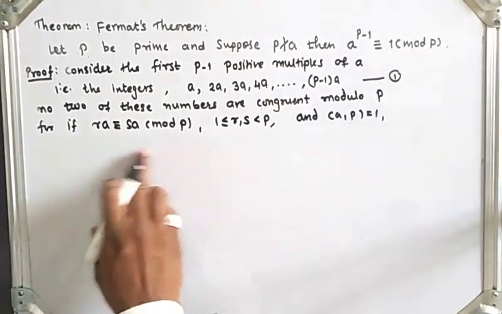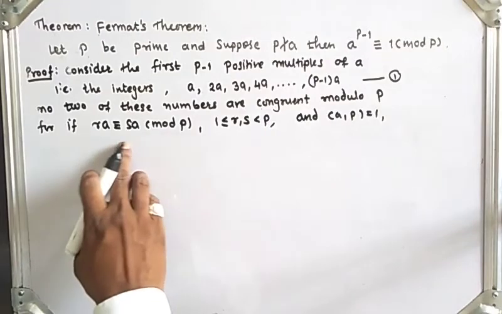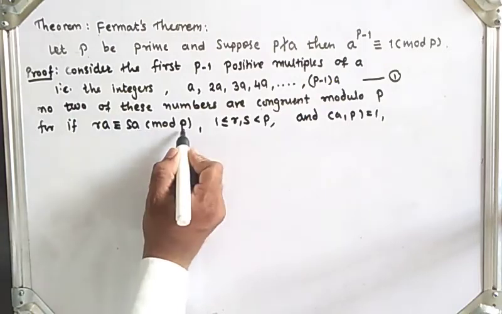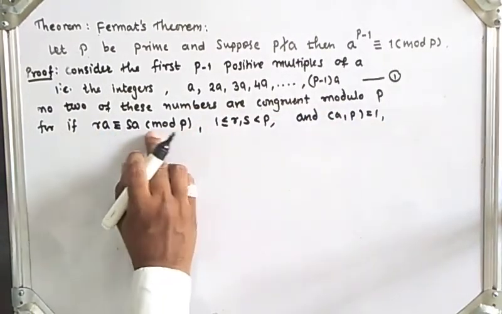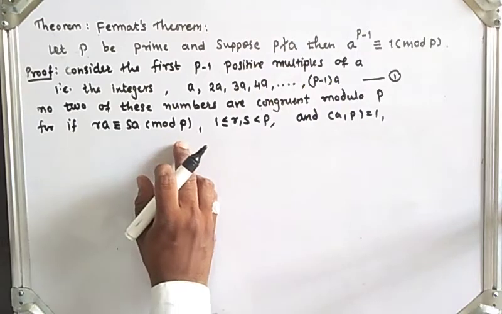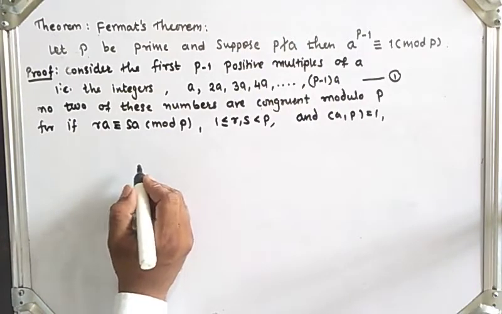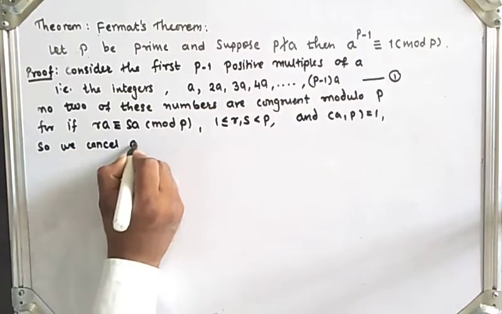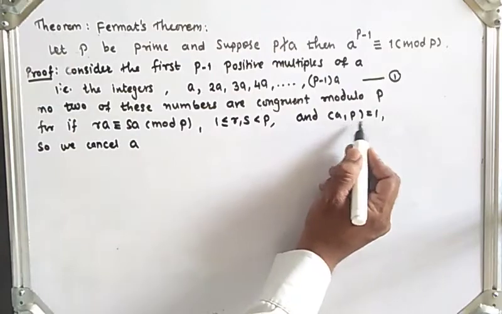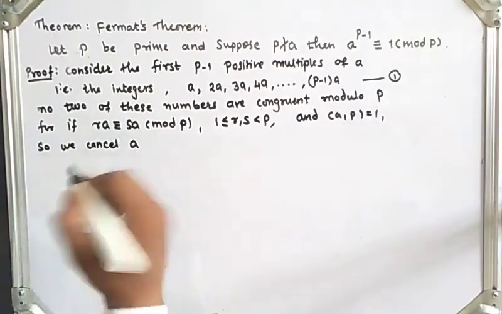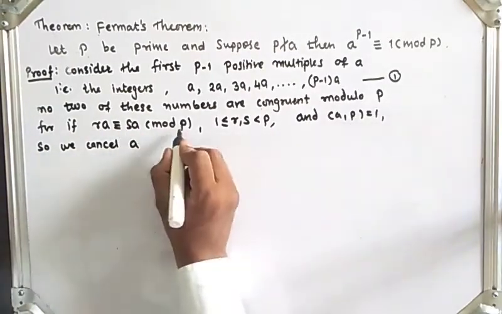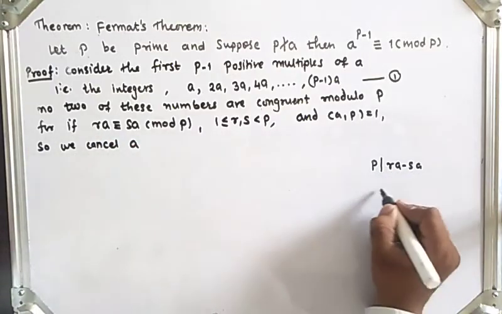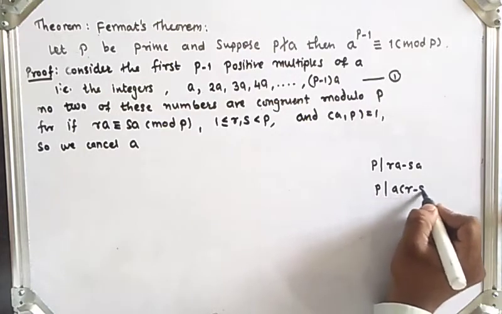So by using the property, ra is congruent to sa modulo p, and if the GCD of a and p is equal to 1, then we can cancel a throughout, by using the cancellation law. Or by using the property, this can be written as p divides ra minus sa. Taking a outside, p divides a into r minus s.